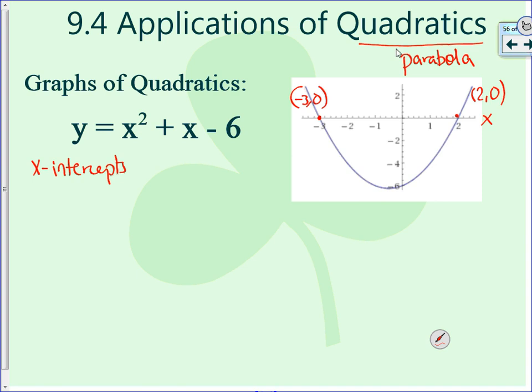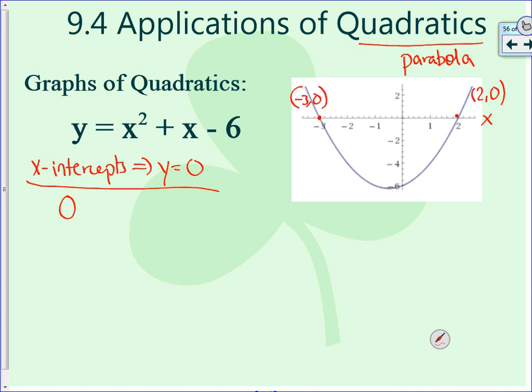So I'll have you just notice that if you are at an x-intercept, then y has to equal 0. Because if you're touching the x-axis, like here and here, that means you aren't up or down any amount of y. You are at y equals 0. So to find the x-intercepts, you set y equal to 0 in your equation.